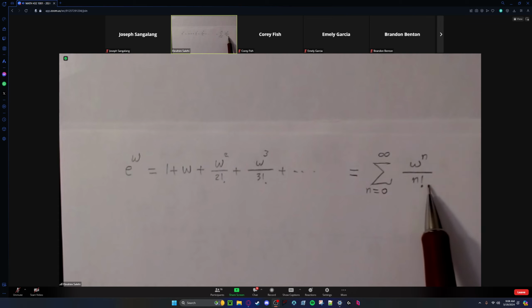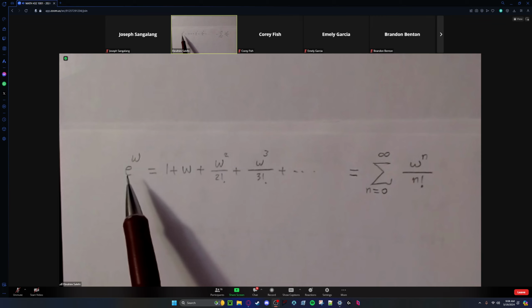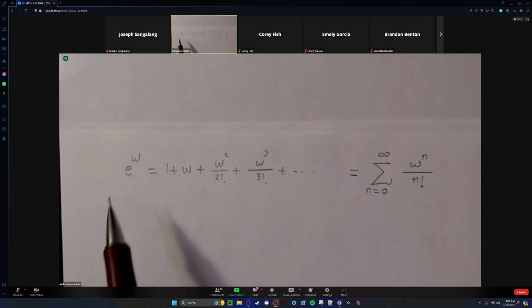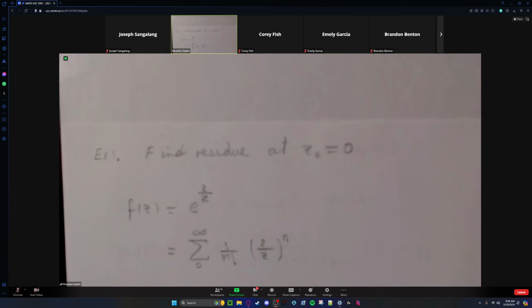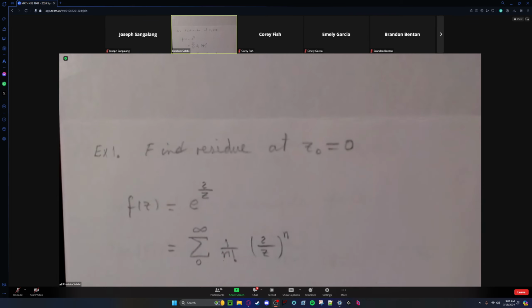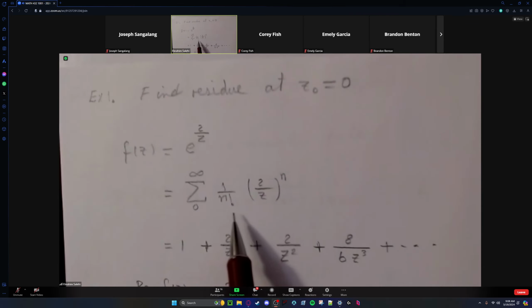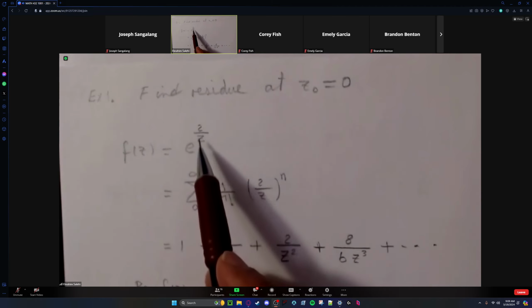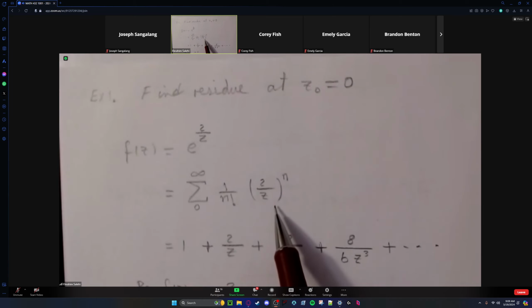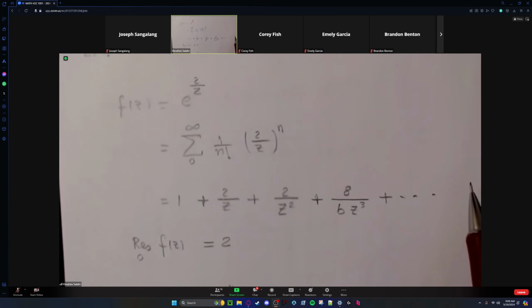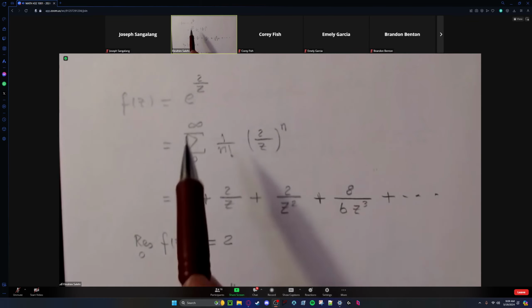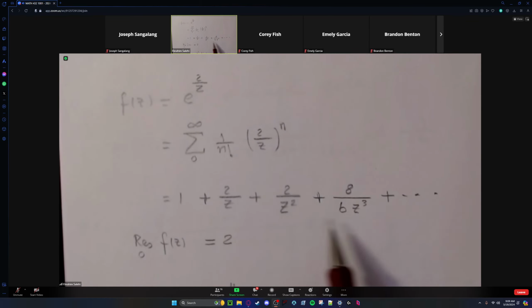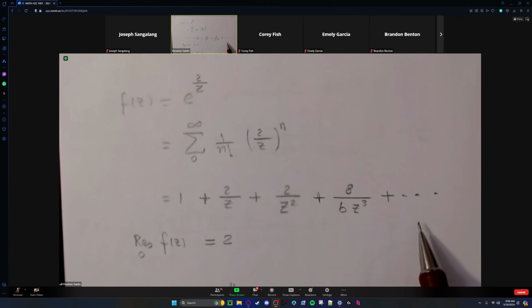Now, in our case, w is 1 over z, so replace w by 1 over z. This is what you get. 2 over z. So the Laurent series, oh, by the way, this is an essential singularity.